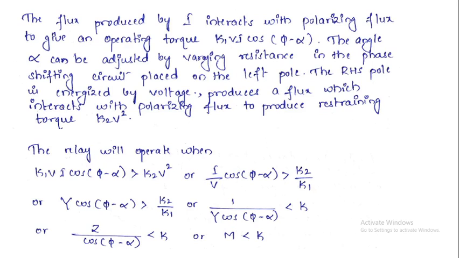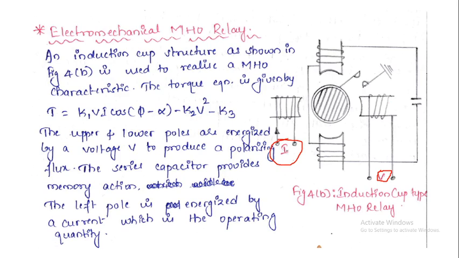The RHS pole energized by voltage produces the restraining torque K2 V square, and the other produces the operating torque K1 Vi cos(phi minus alpha).